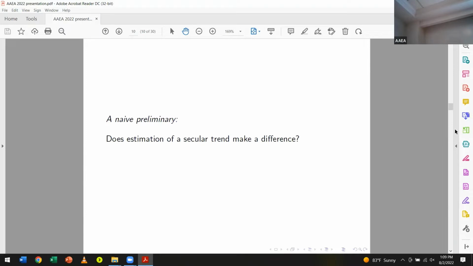What about if we estimate this very small secular trend that we saw in the data, and just detrend the prices using a deterministic secular trend, without any model yet, just log prices as a linear function of time, and then we determine, does it make a difference in terms of the variation?